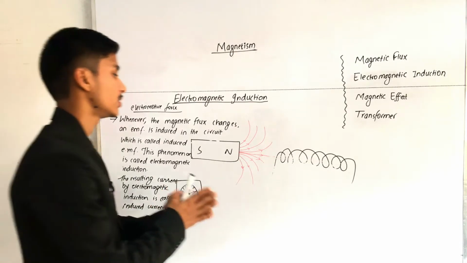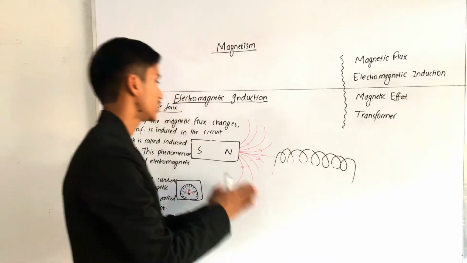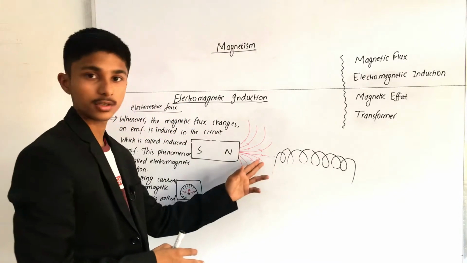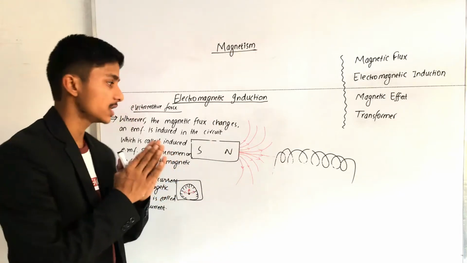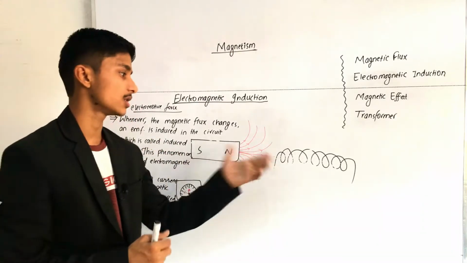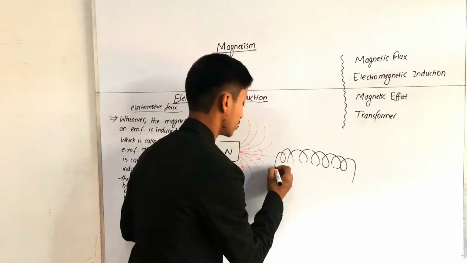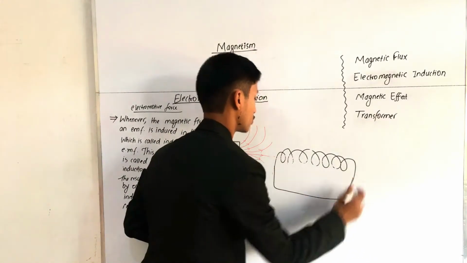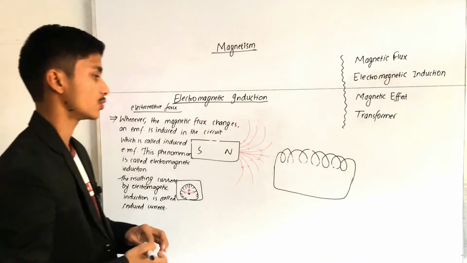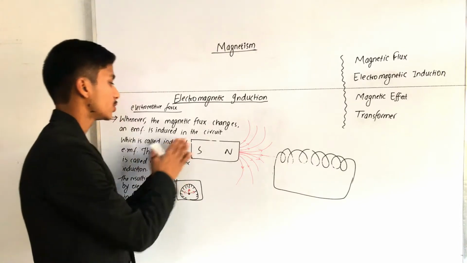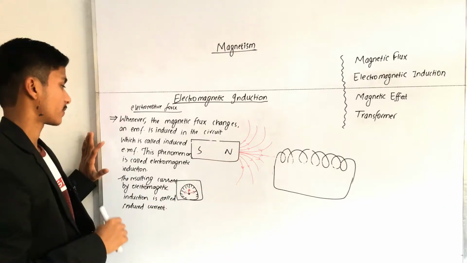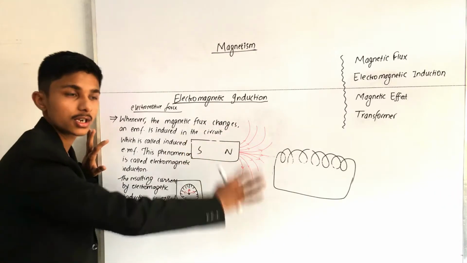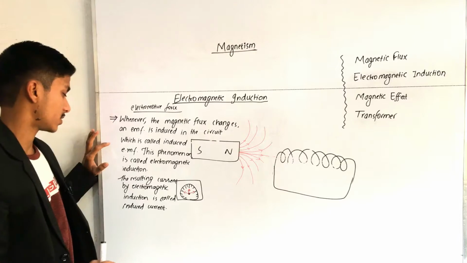What I told here: when the coil is moved, then the magnetic flux gets changed. And due to this magnetic flux change, EMF is induced in this circuit. Your circuit should be a closed coil. So EMF is induced in this circuit, and this phenomenon is called electromagnetic induction.